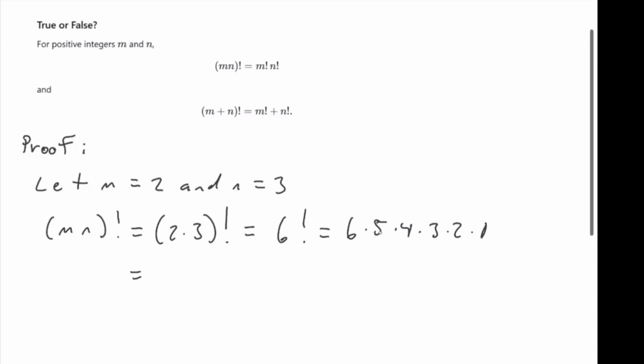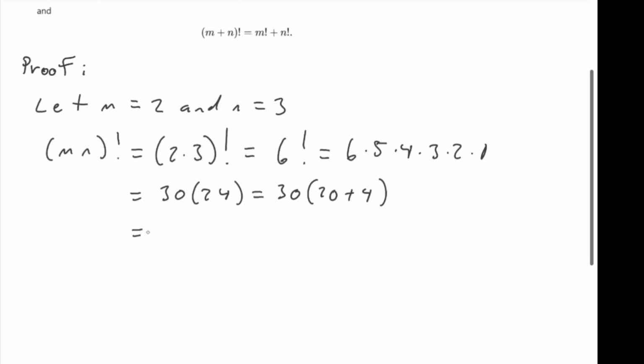So 30 times 24, because 6 times 5 is 30, 4 times 3 is 12, times 2 is 24. And 30 times 24 is 30 times 20 plus 4, so this is 600 plus 120, which is 720.